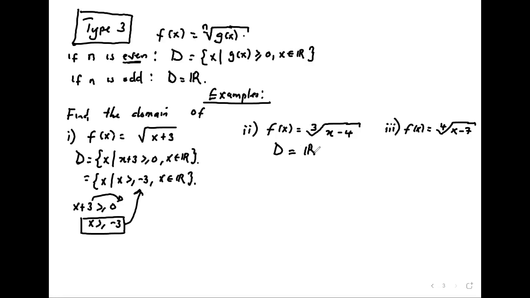That's why we have restrictions for the other type. What about 3? Since n is 4, which is even, we get x greater or equal to 0. Okay, so it's x is greater or equal to 7, and x is a real number.